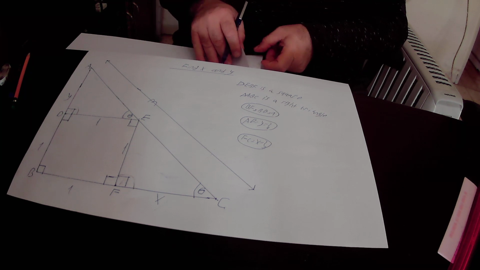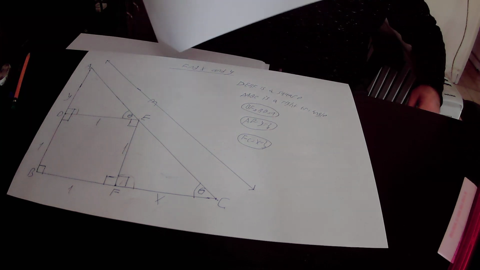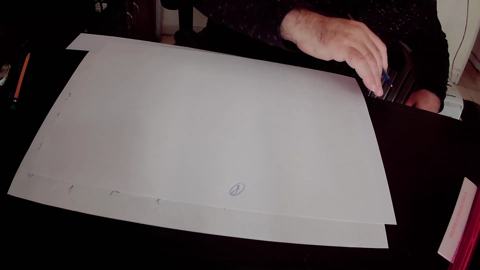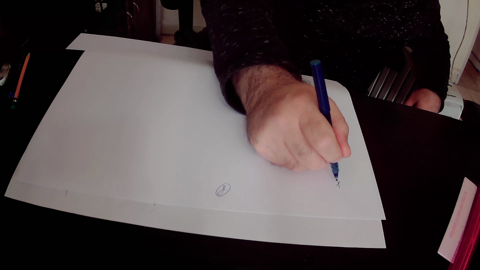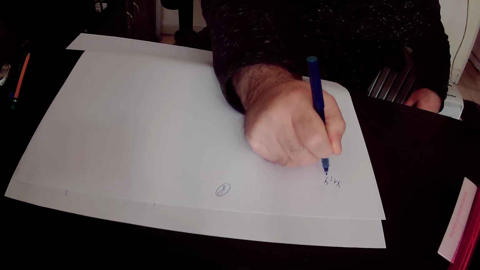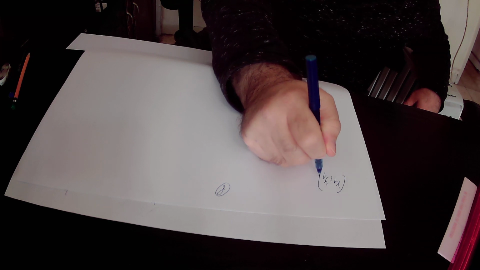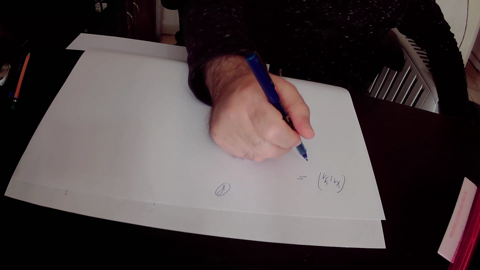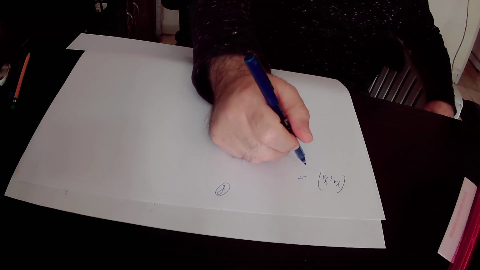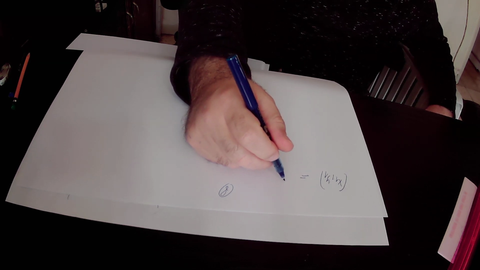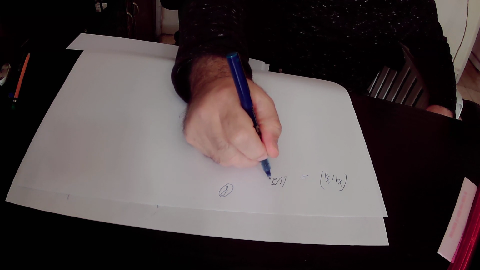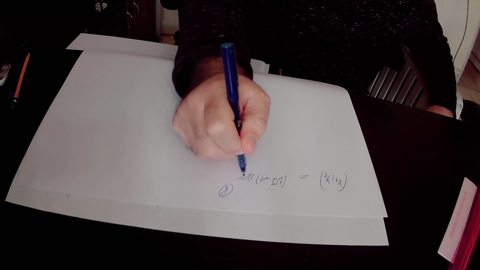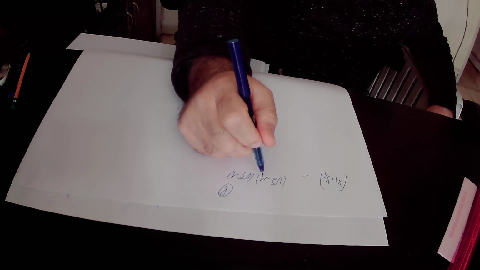The first solution will be x1, y1, and we have already found out that x1 equals square root of 2 plus 1 times square root of 5 minus 1 over 2.